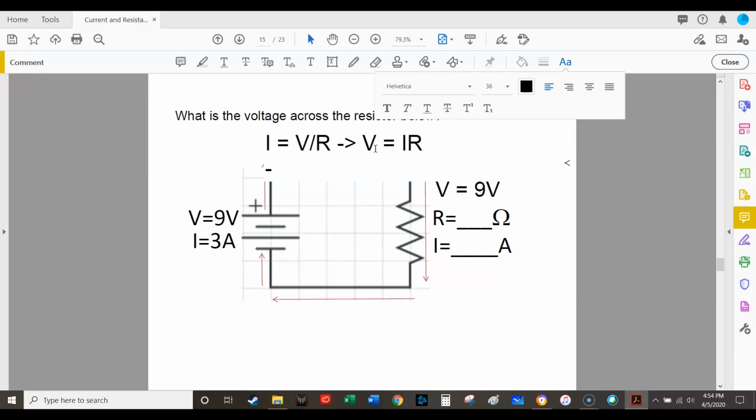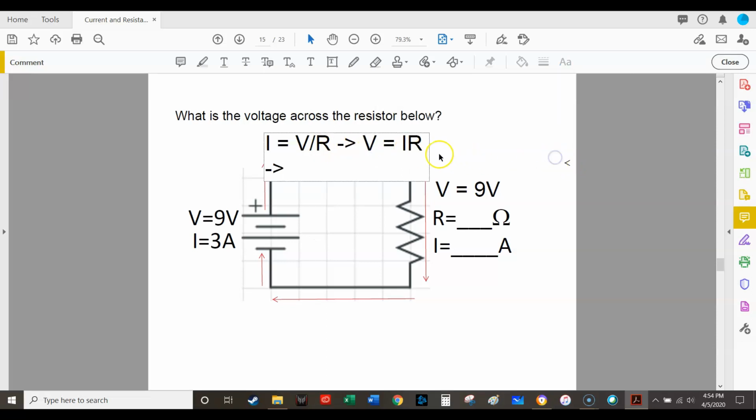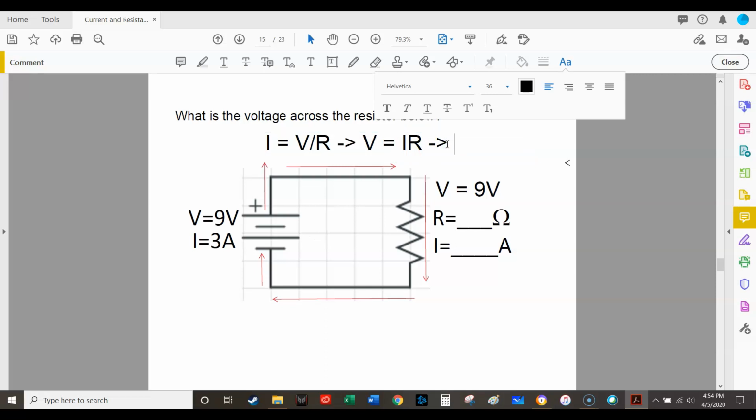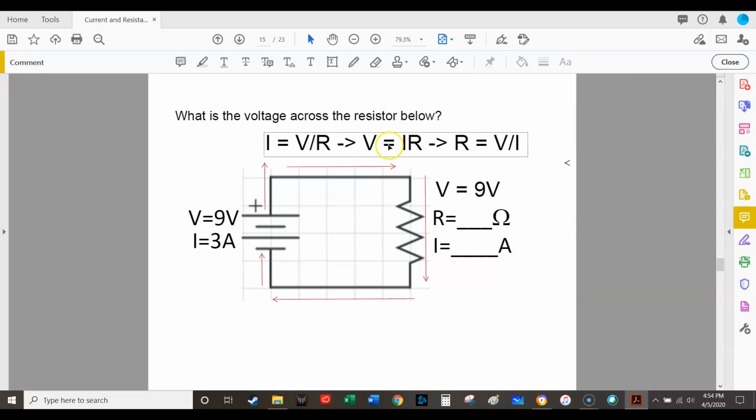And we could also say that resistance is equal to voltage divided by current. Okay, so we have all these little mathematical relationships that come right out of Ohm's law.